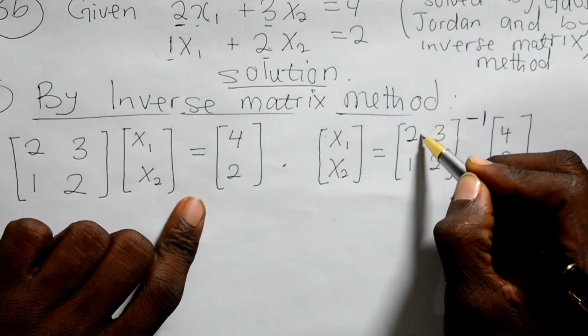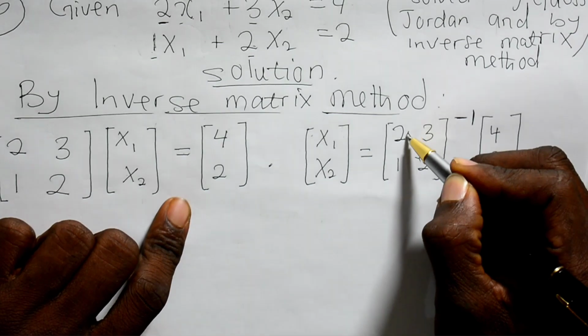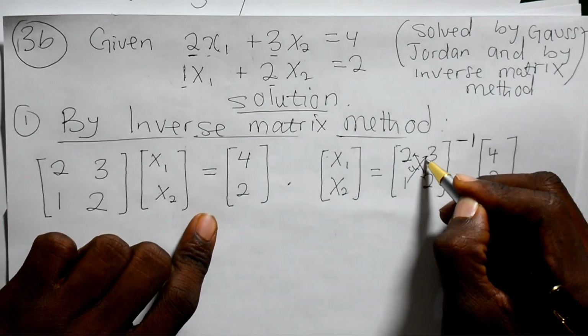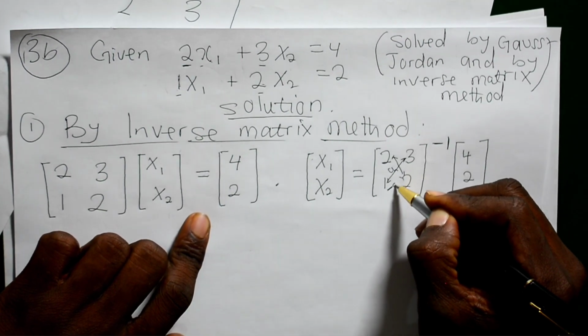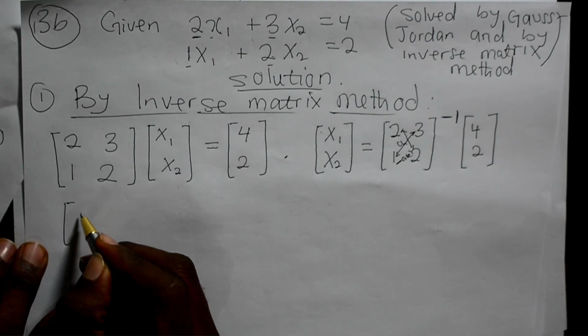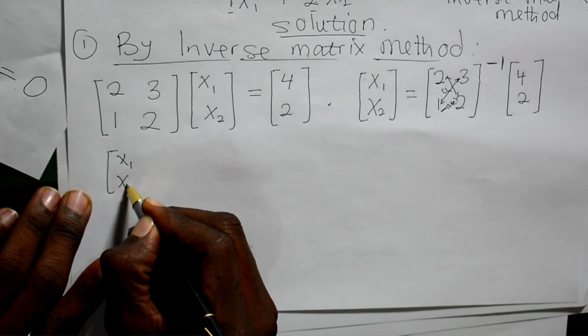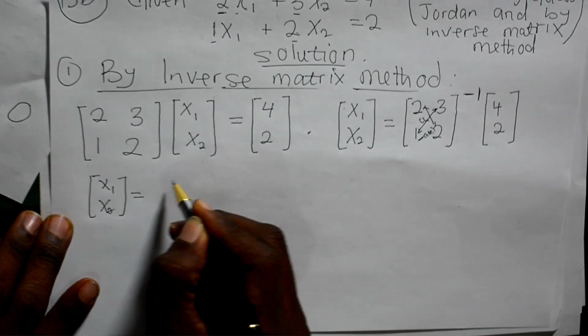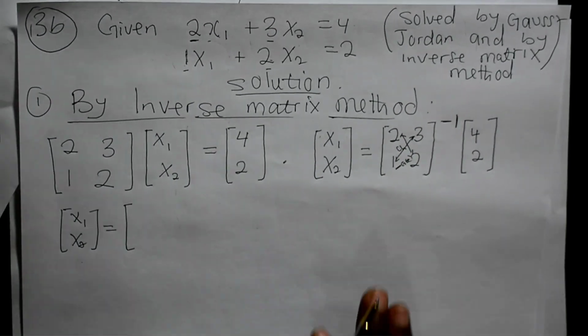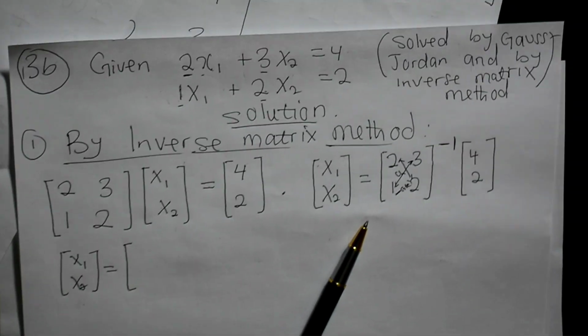So now we change and negate these entries to remove the inverse. Here is how to change and negate it. x1, x2 will be equal to, the two will change their positions, and we negate 3 and 1.